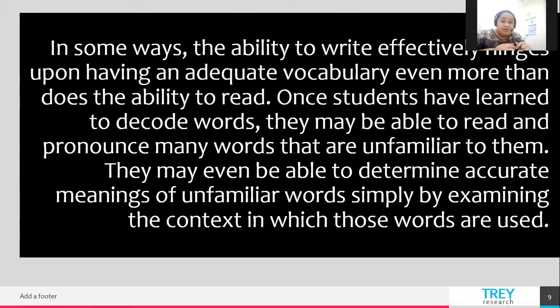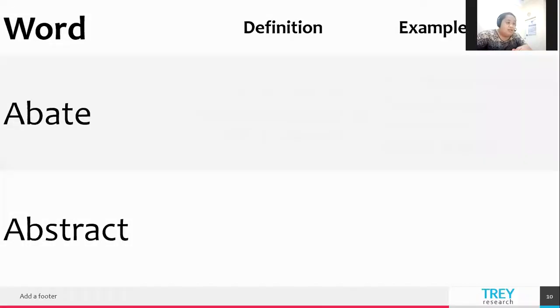So this is also true with the vocabulary words na you would be reading in the future, dapat at least may alam ka. Kasi you could just get the meaning within the context. Kuha? Next.